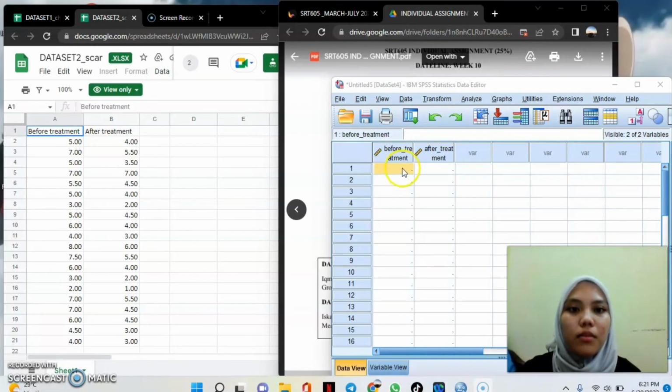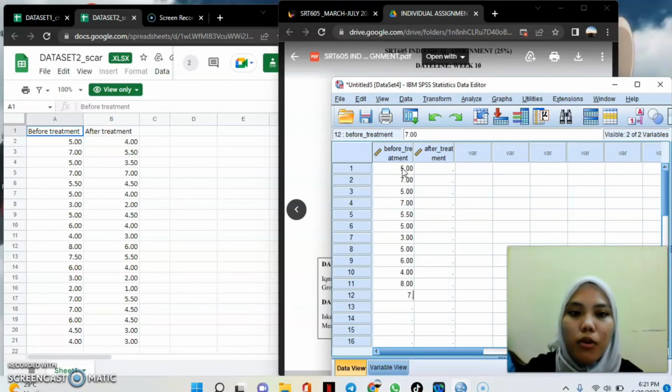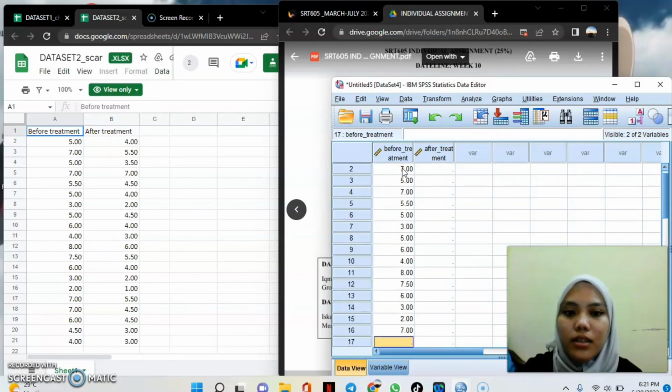First, for the before treatment: 5, 7, 5, 7, 5.5, 5, 3, 5, 6, 4, 8, 7.5, 6, 3, 2, 7, 7, 6, 4.5, and 4.